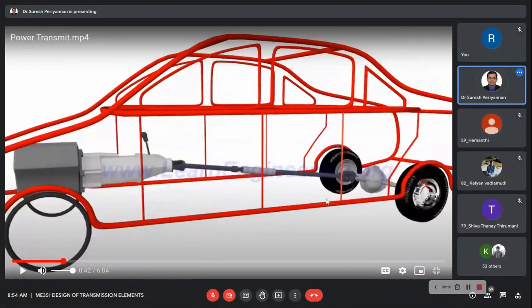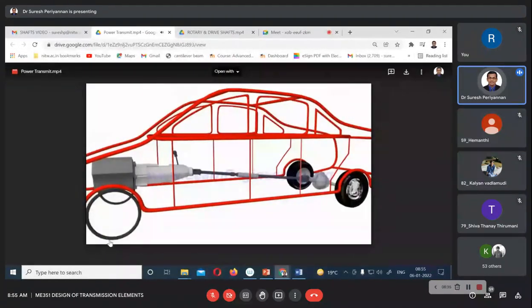Both wheels are connected, and the center also has the differential unit. The differential unit carries very little load, but our vehicle's full weight will be shared by the two wheels. Hence, we can consider this a simply supported beam.